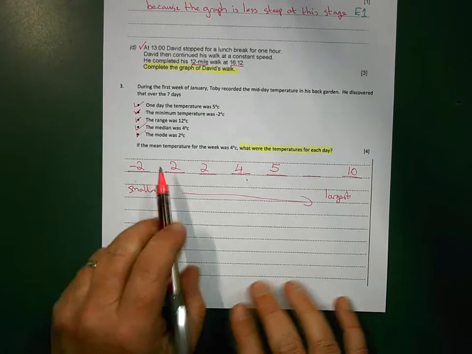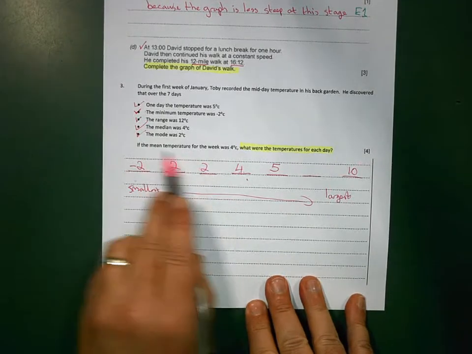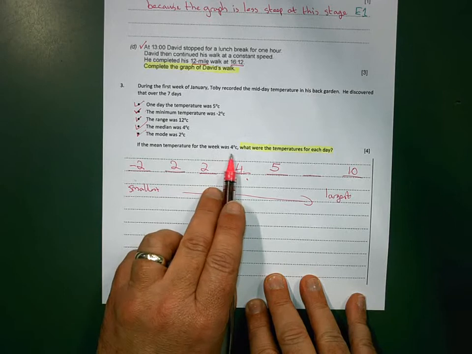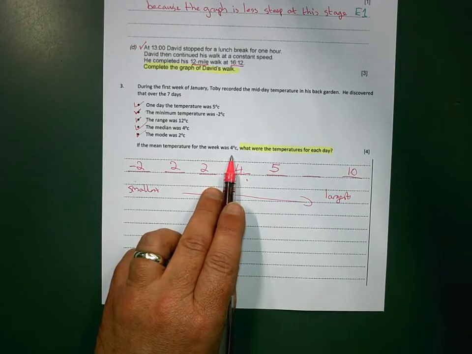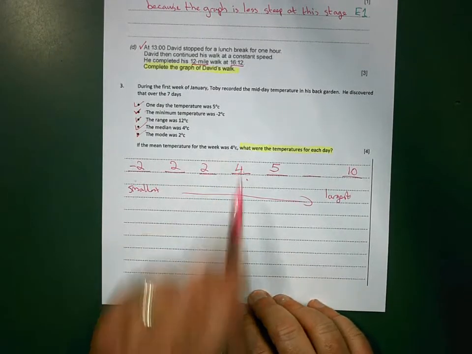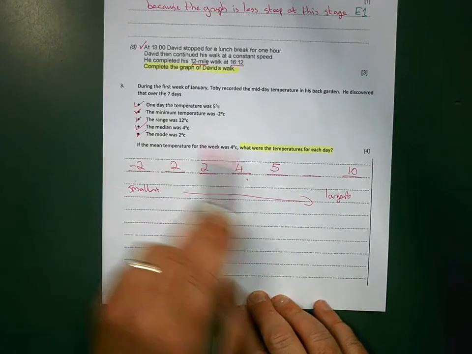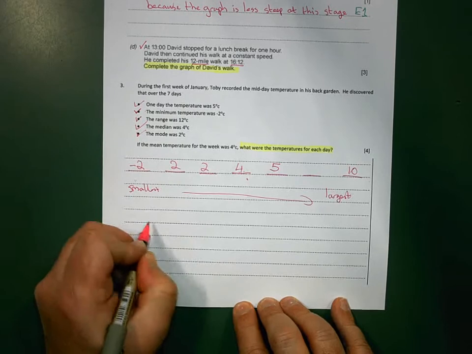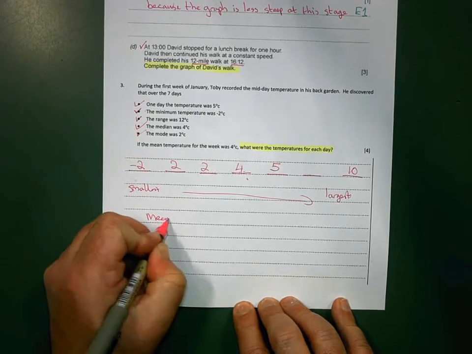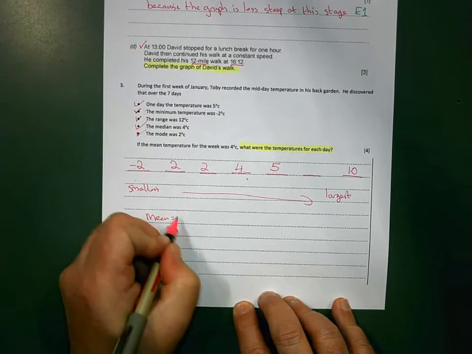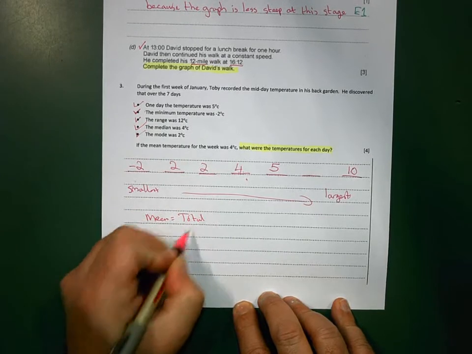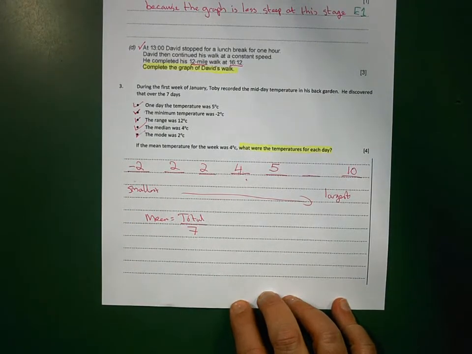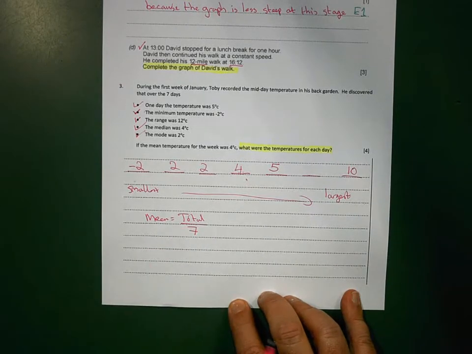And there's one piece of information here that I haven't used yet, which is the mean temperature for the week was 4. Now the mean is the total, what you get when you add them up, divided by the count, how many there are. So the mean is total, which we don't know, divided by 7. And I know that the mean is 4.